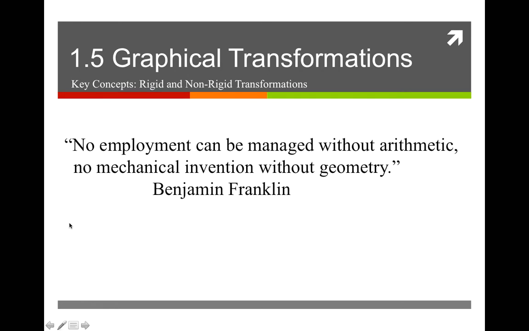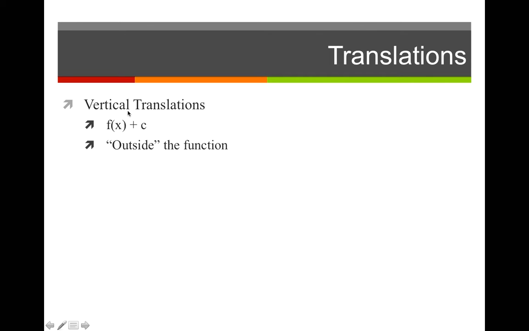All right, so moving forward into translations, part of our transformations. Translations, basically in our idea, is going to mean moving left or right, up or down. So first of all, let's look at what a vertical translation is going to look like. A vertical translation would be taking a function like the square root of x and adding something on the outside of that function.